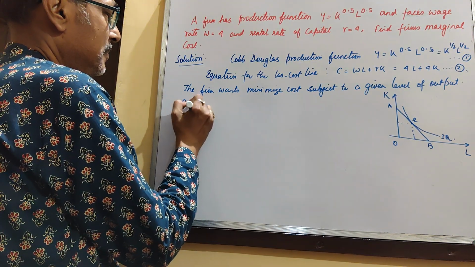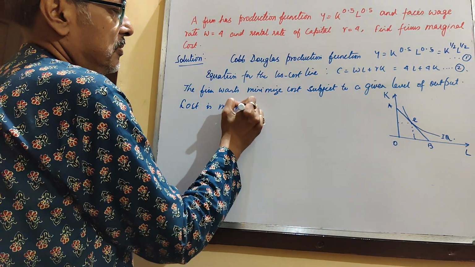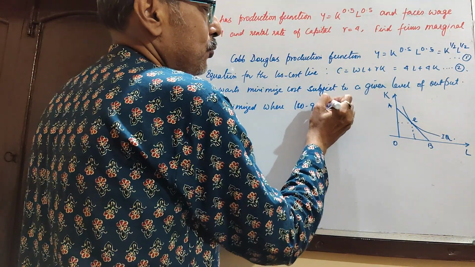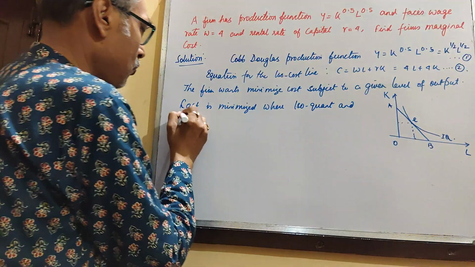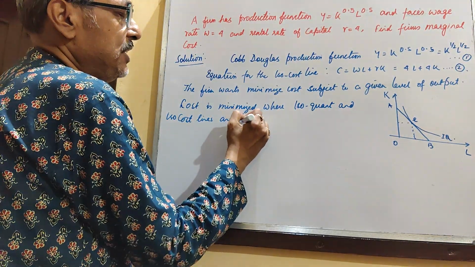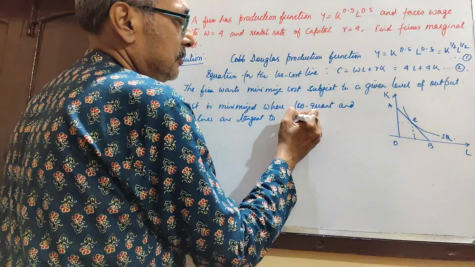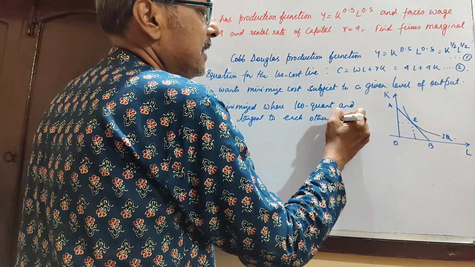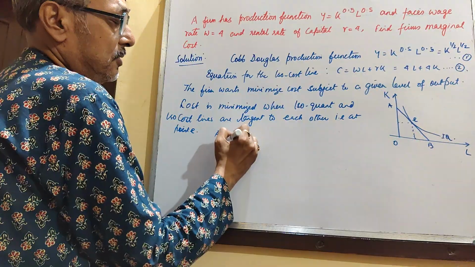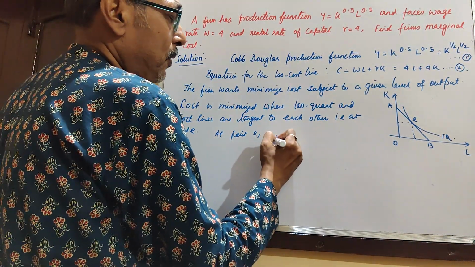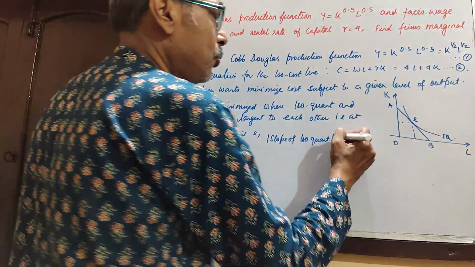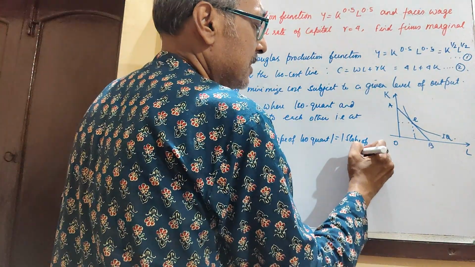Cost is minimized where isoquant and isocost lines are tangent to each other, that is at point E. At point E, slope of isoquant equals slope of isocost line.